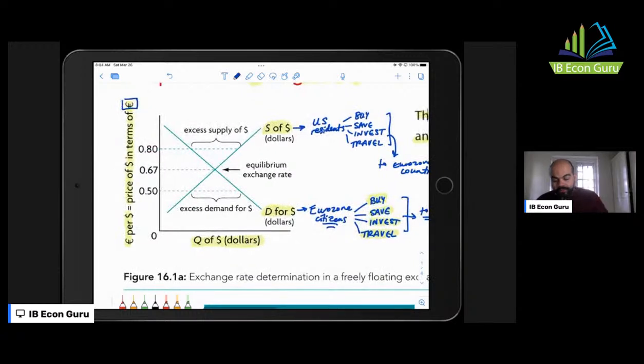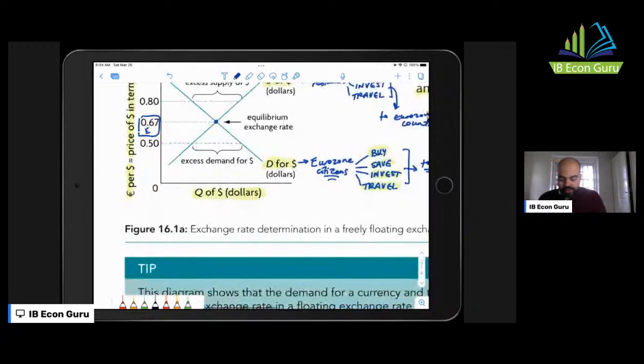You can see that here the equilibrium exchange rate is 0.67 euros, which means 1 US dollar in this case is equal to 0.67 euros. Now, if 1 US dollar is equal to 0.67 euros, then 1 euro is equal to 1 divided by 0.67 dollars.